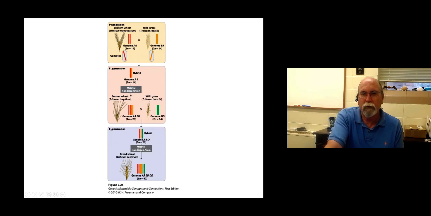With some mitotic non-disjunction, you ended up with some of our varietals of what we think of as bread wheat that we use today. Some of these forms are 6N, and they can be traced back to all of these events that occurred over time.